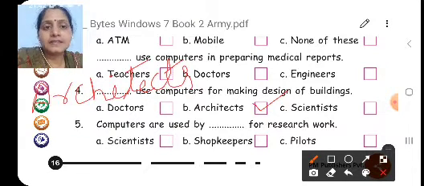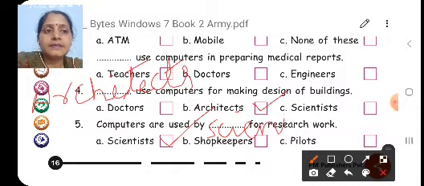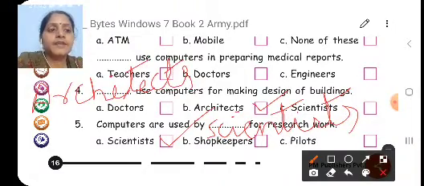So that is why the correct answer is scientist. You will put a tick in front of scientist and here you will write scientists. This is the answer. So children, we have completed this.